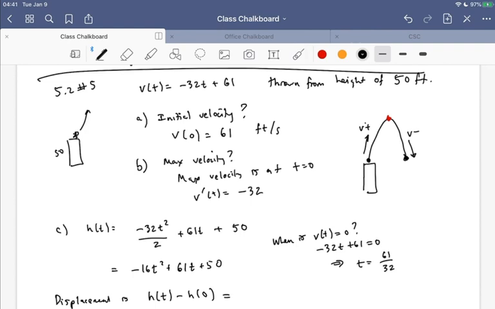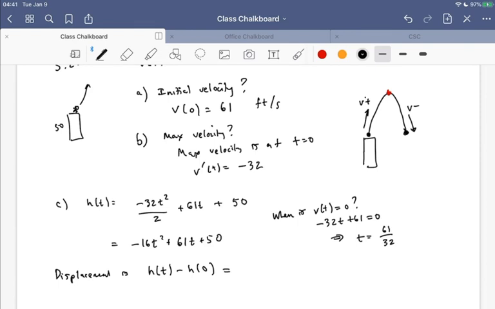and we have to subtract off h of 0 because we throw this thing from 50 feet up. So what we want to do is compute h of 61/32 minus 50, because that's h of 0. And all you've got to do is plug 61/32 into those terms.